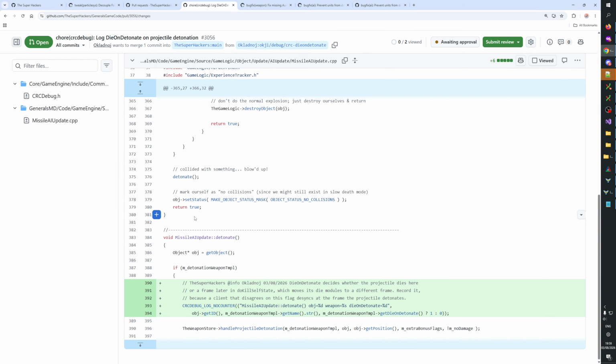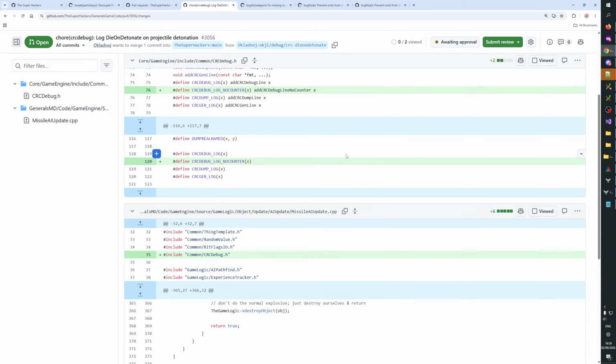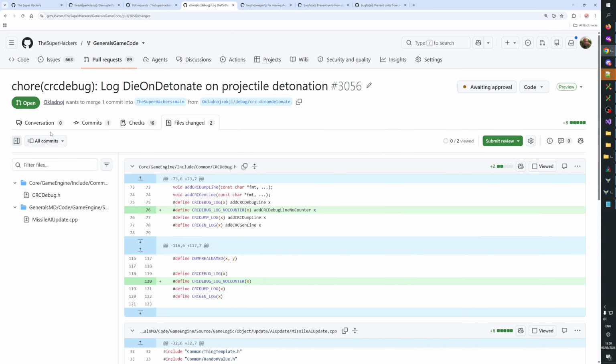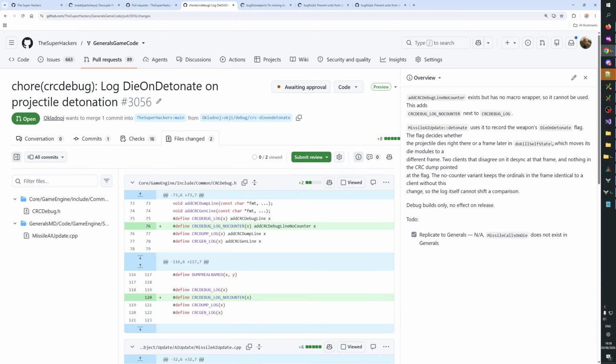Okay, I don't understand this. It cannot be used. Detonate uses it to record the weapon's die on detonate flag.